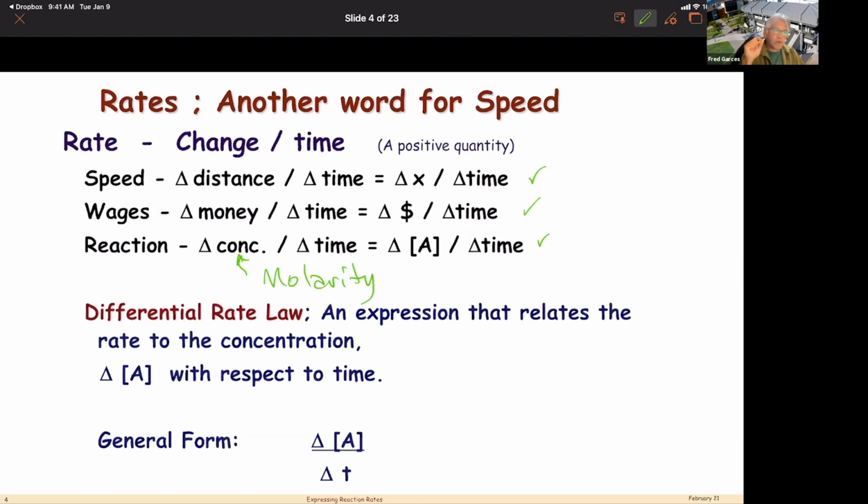But we won't really do the calculus. We will just look at the results of the calculus. But anyway, here's the general form that we're going to have. It's a change in the concentration of some chemical species with respect to time.